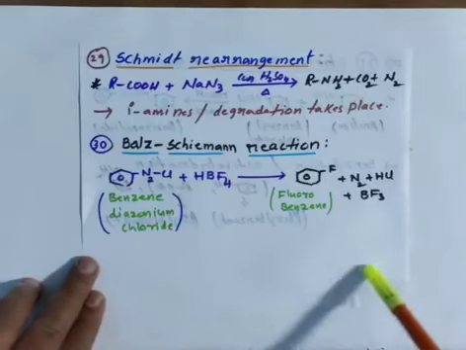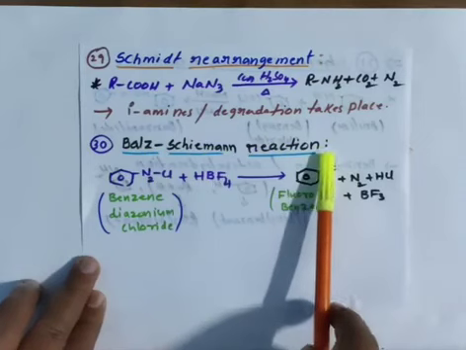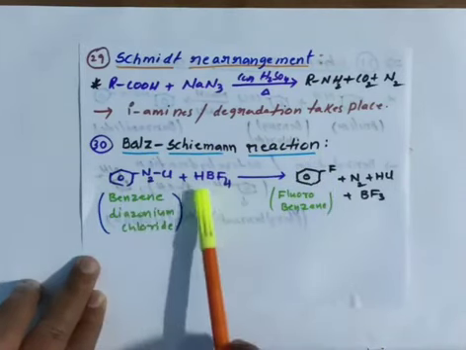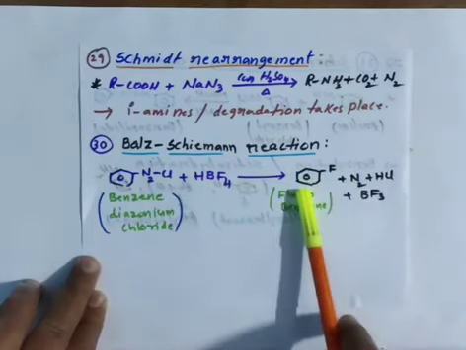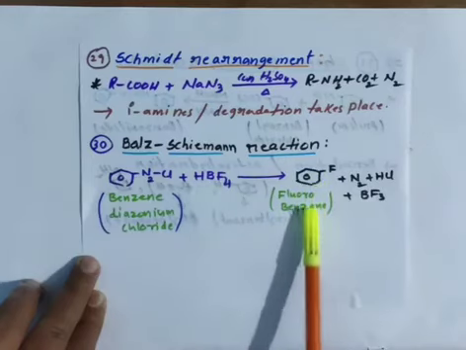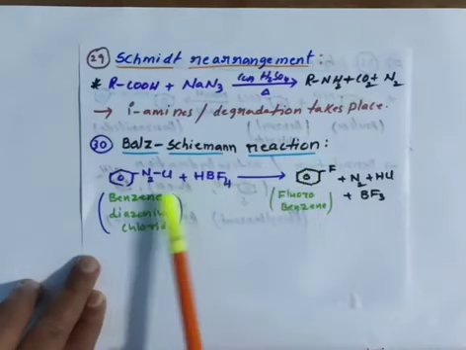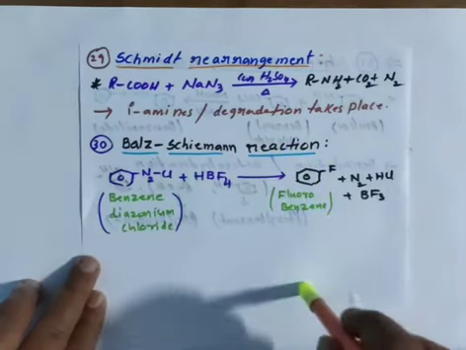Next, another important reaction for competitive exams, the Balz-Schiemann reaction. Here benzene diazonium chloride is treated with HBF4 and you get fluorobenzene. So this is the best method to prepare fluorobenzene, the Balz-Schiemann reaction. Benzene diazonium salts are converted to fluorobenzenes.